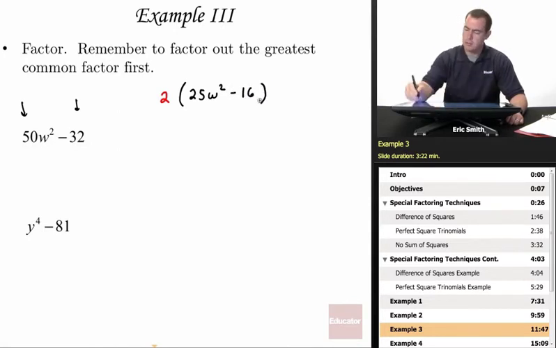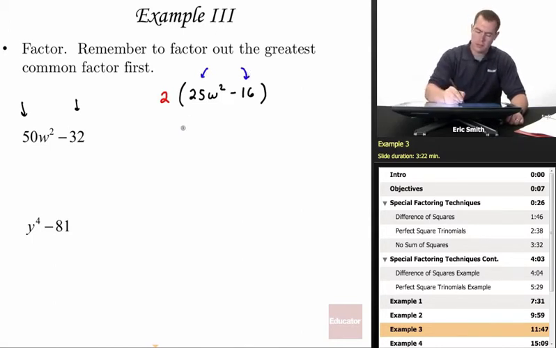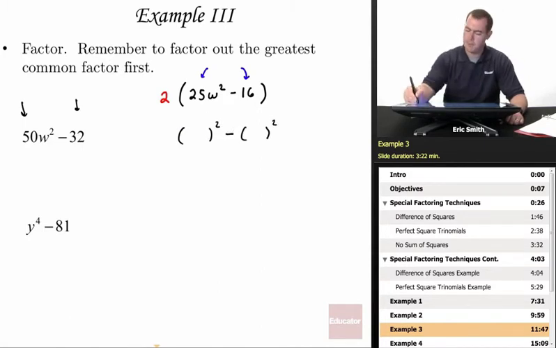All right, now this is looking much better because 25 is a square number and so is 16. So let's just focus on those parts and see if we can write this as the difference of squares. So what would give us the 25? Must be a 5 squared. And the 16, that is a 4 squared.